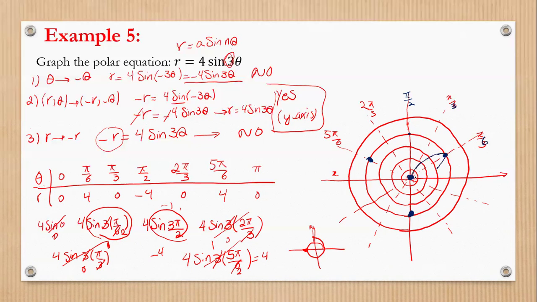So 1 petal, 2 petals, and 3 petals. That's the graph of this equation. And you can see that everything on the right has a reflection on the left because it's symmetric about the y-axis.